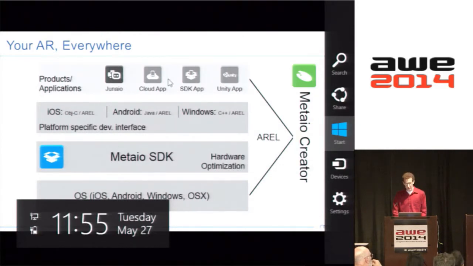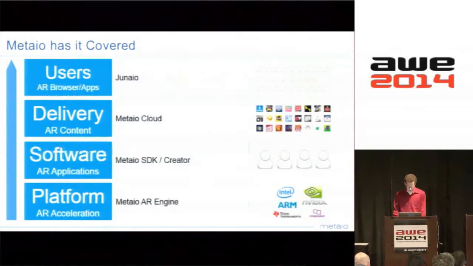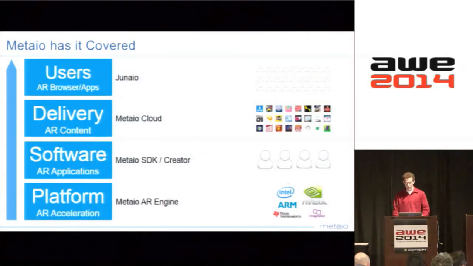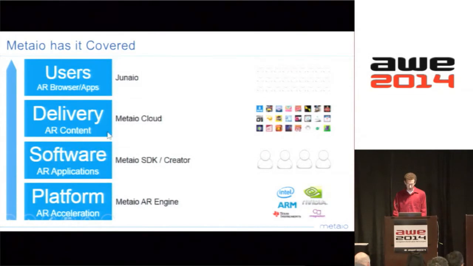And all of the different types of applications and all of these different APIs tie into the same core Metaio SDK, which is optimized for the various hardware platforms that we support, including iOS, Android, Windows, and macOS for the Creator. So Metaio provides all of these different layers, from AR-specific hardware to our AR engine.